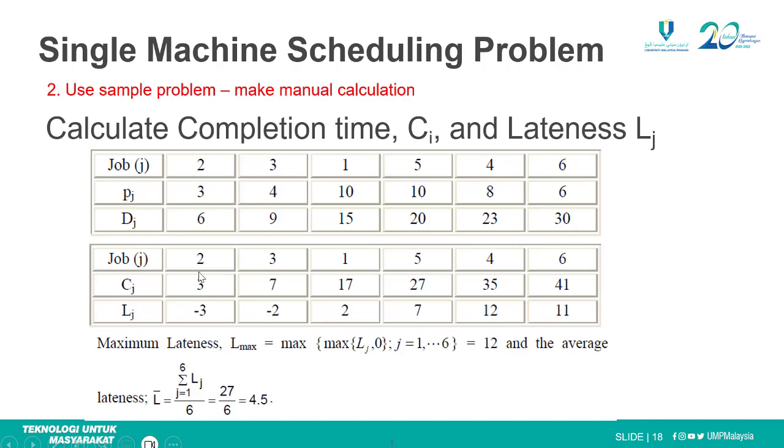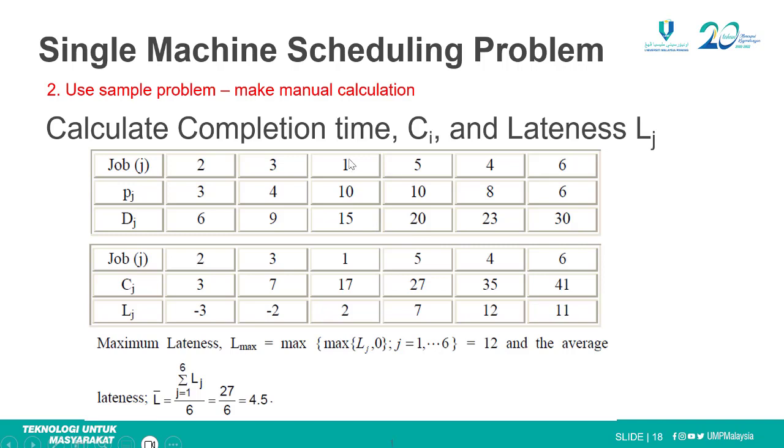Then job number 3 is completed at the 7th hour, but it must be delivered at the 9th hour. So 7 minus 9 is minus 2. So this one is also completed 2 hours earlier than the due date.